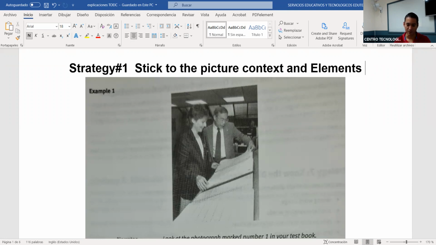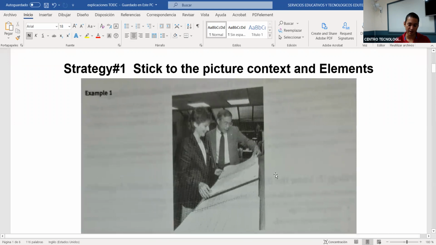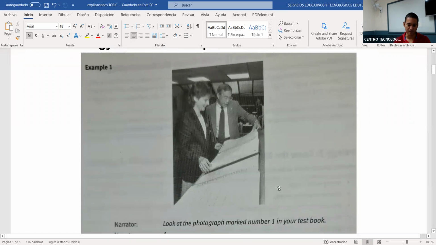For example, what elements, items, objects, and actions do we see in this picture? Well, we have probably an office. We have some books, I guess. We have a man, we have a woman. We know that he's wearing glasses.